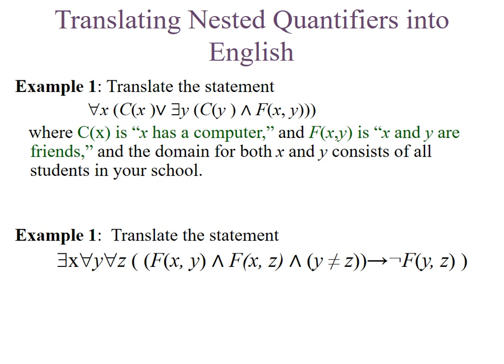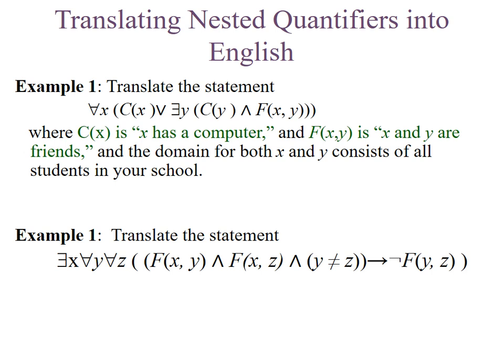C of x means x has a computer, and f of xy means x and y are friends. Okay, so it's very intuitive. And both x and y are students of our school. Let's see what this nested quantifier tells us.